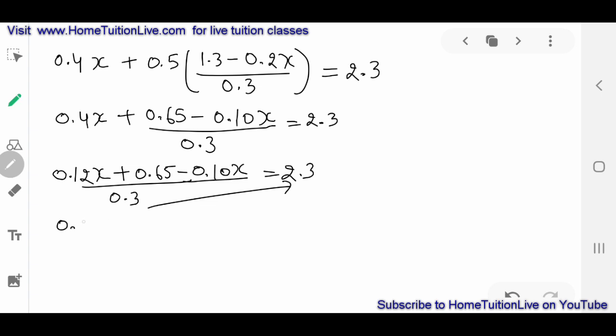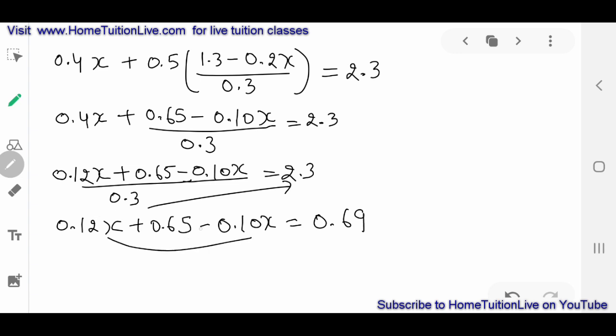Now 0.12x plus 0.65 minus 0.10x equals to, when we multiply this, we will get 0.69. Now when we subtract this term, we will get 0.02x, and this number goes to the other side.